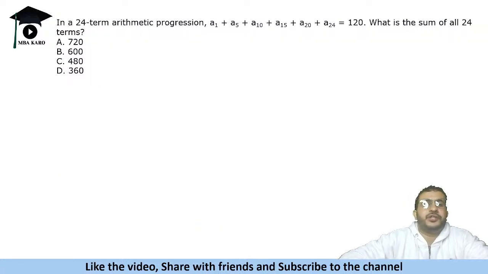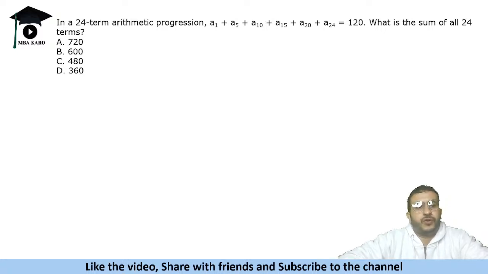In a 24 term arithmetic progression, a1 plus a5 plus a10 plus a15 plus a20 plus a24 is 120. What is the sum of all 24 terms?